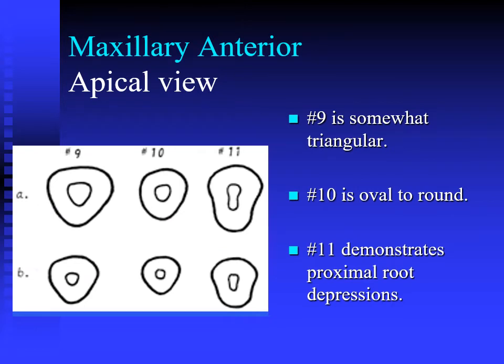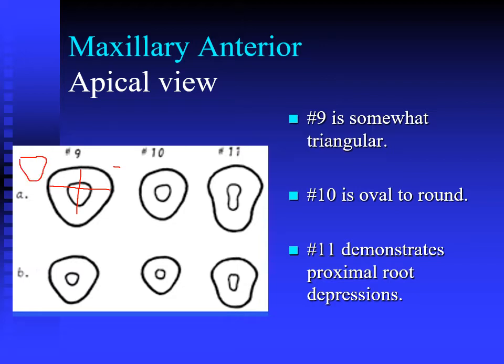And if we look at cross sections of the maxillary anterior teeth, you can see that based on our basic form, remember these teeth, the maxillary central and lateral, are wider mesiodistally than facial lingually, but we can see a fairly triangular root form in cross section here for the central incisor.